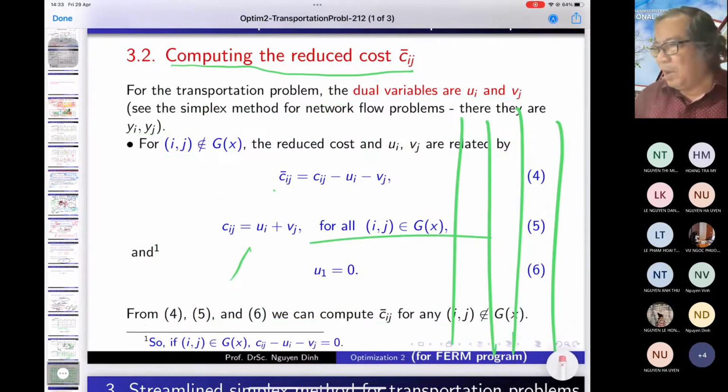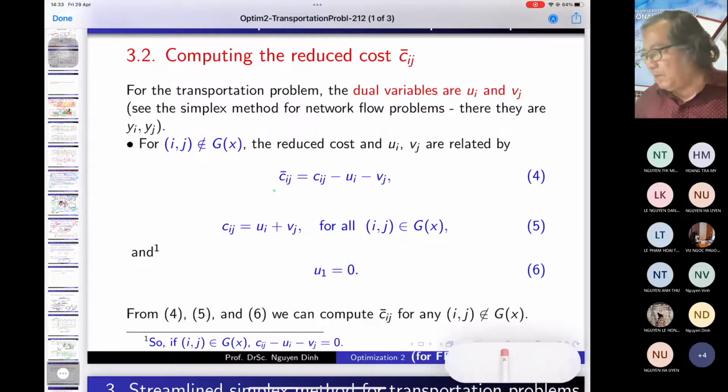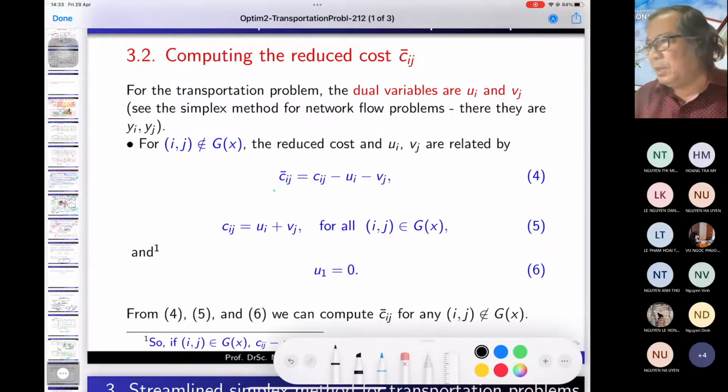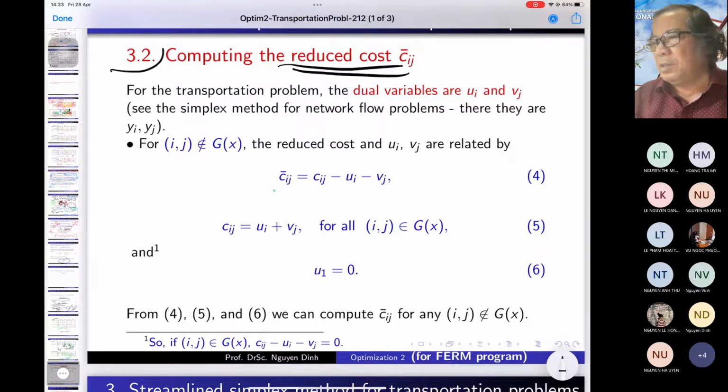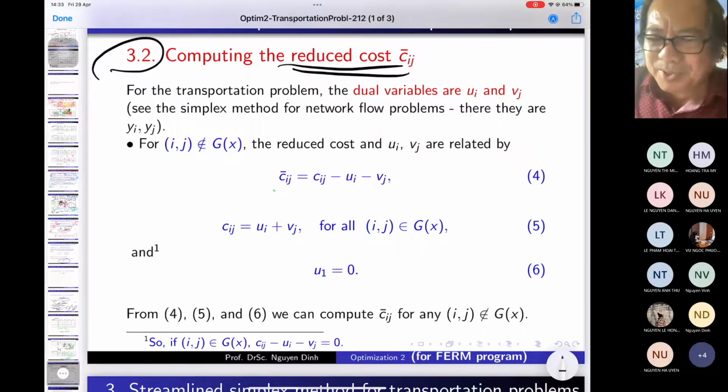And that is the reason why we need to find another way to calculate the C bar ij in a very good way. But the important reason for us to find another way to calculate the reduced cost is that you do many things based on the table, with your eyes.